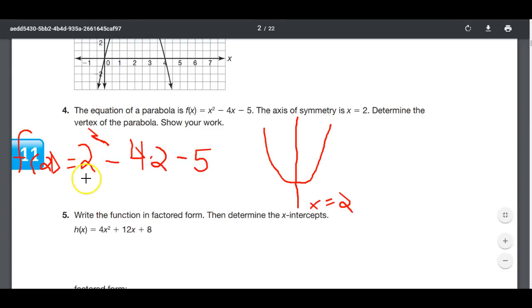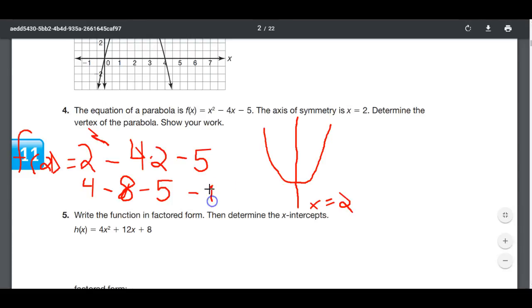Okay, 2 squared is 4. Minus 4 times 2 is 8. So 4 minus 8 minus 5. So 4 take away 8 is negative 4. Minus 5 is negative 9.